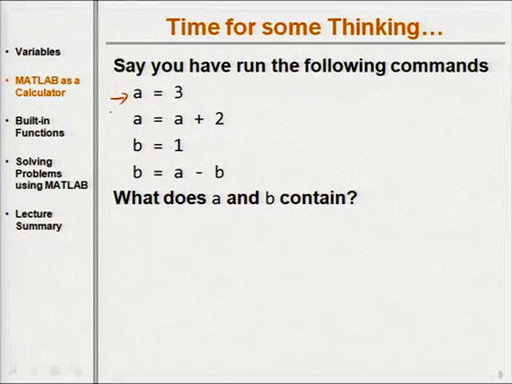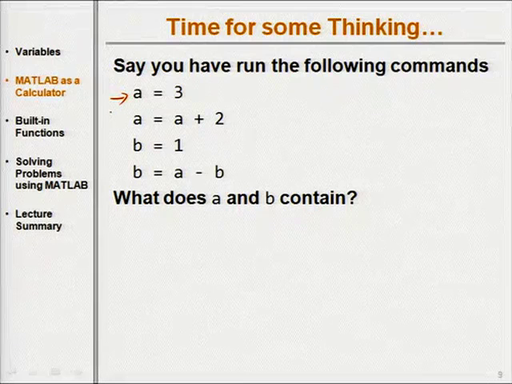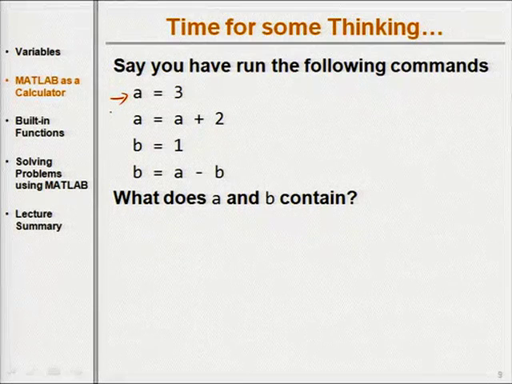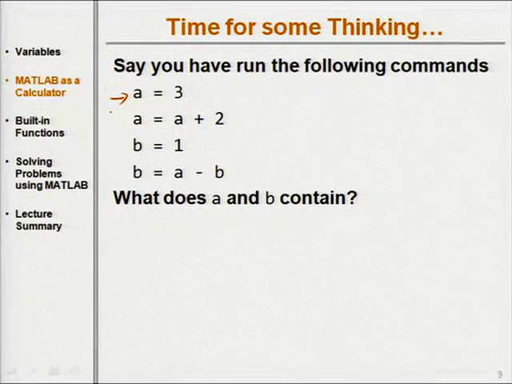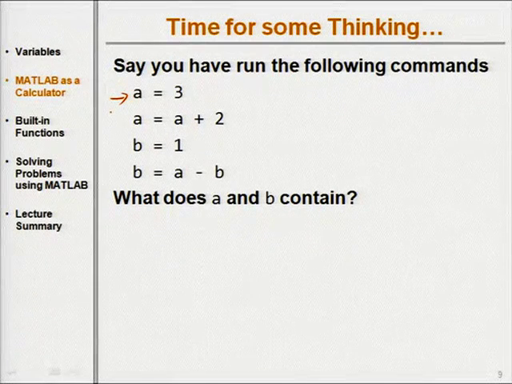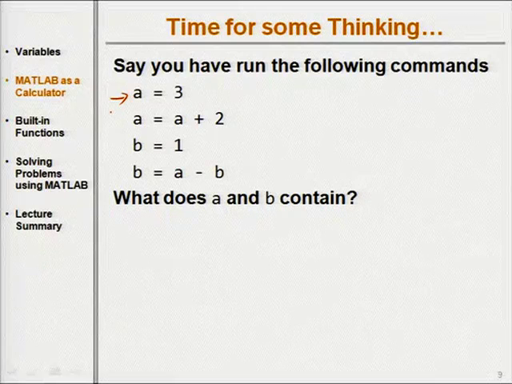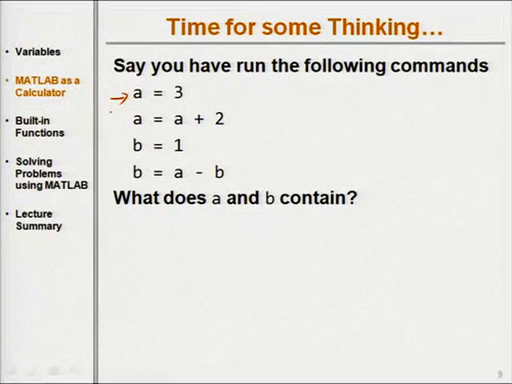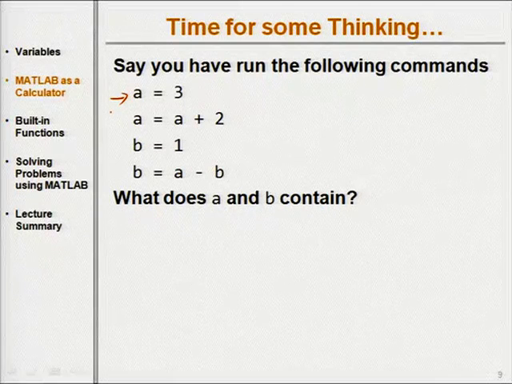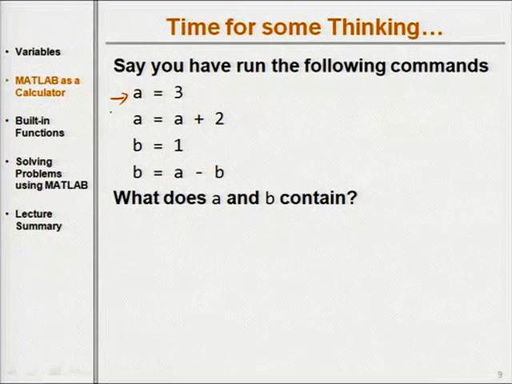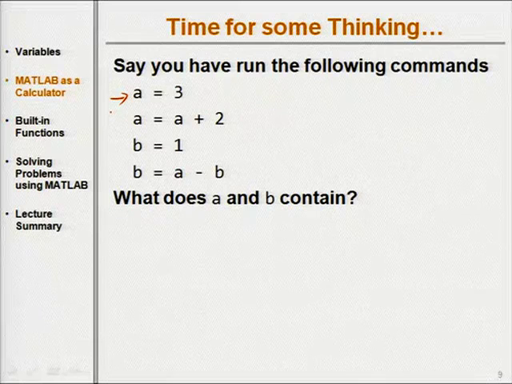However, it's not really treating it as A is equal to 3. What it's doing is saying there is a variable A, and that variable A contains some information. The information that is in it at the moment is 3. So this is a box that contains 3 at the moment.